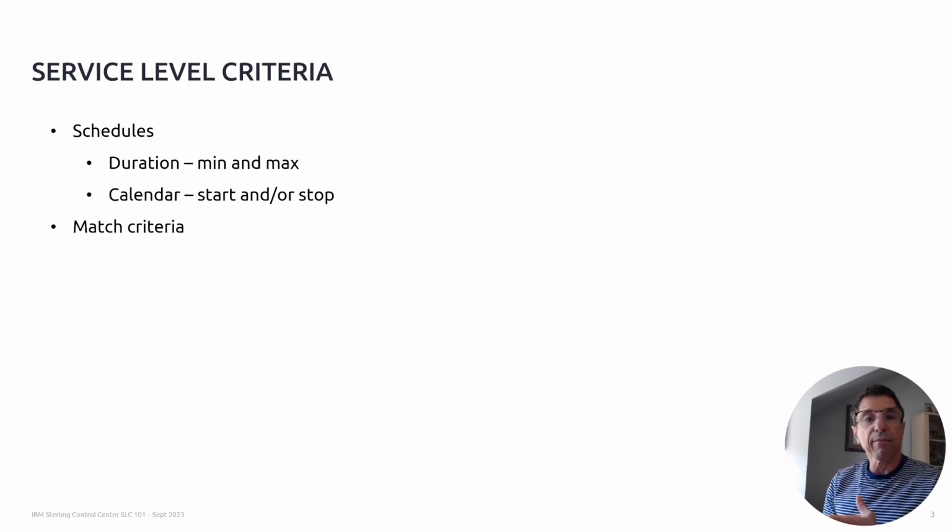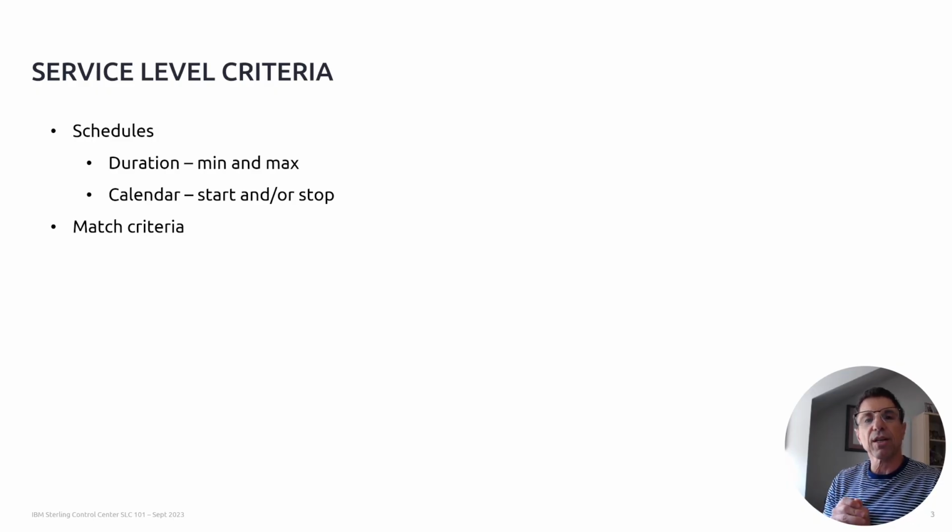Now, know that most people want to know when something finishes, so normally you'll just specify an end range in your calendar schedules. And for both calendar and duration schedules, there's also something called an overall calendar, and it tells the SLC service which days it should be watching for the events that you define as part of the match criteria in your SLCs.